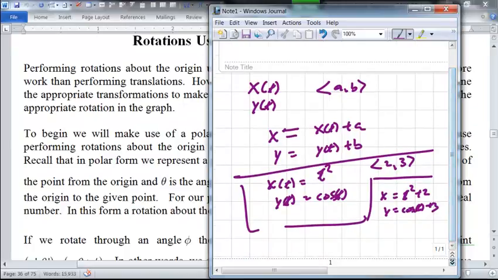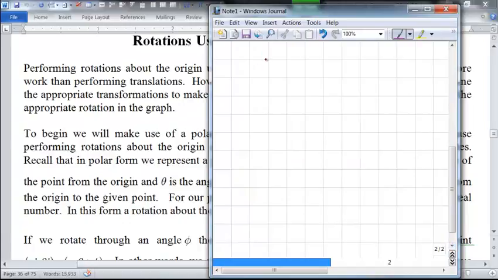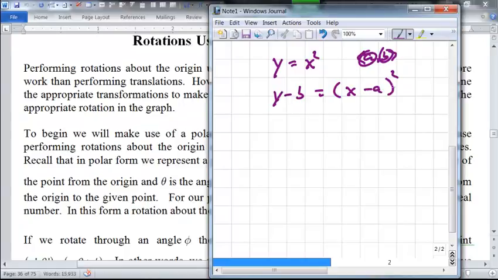When we wanted to switch this to equations, let's say you have y equals x squared and you want to translate by the vector (a, b), remember we had to sort of put the inverse relationship into it. So if we want to translate by b, we had to replace y by y minus b, and x, translate by a, by x minus a.